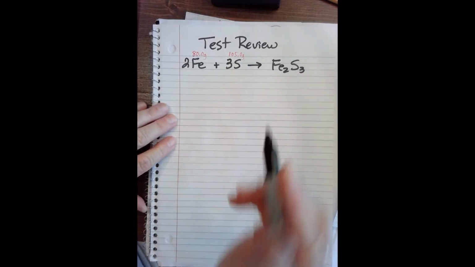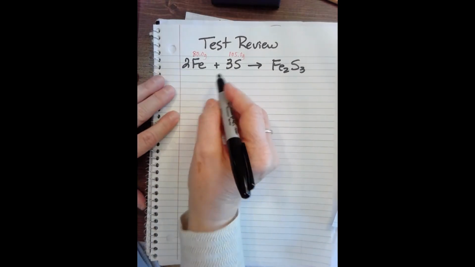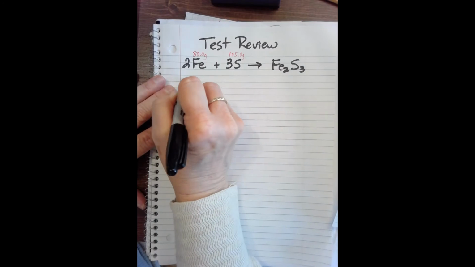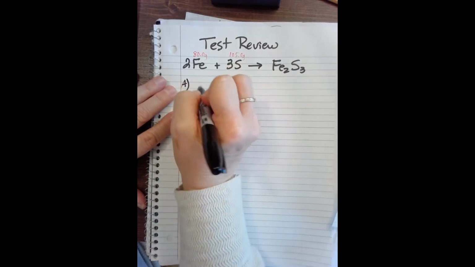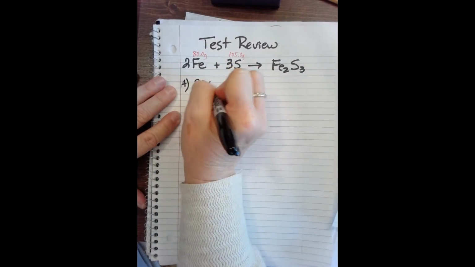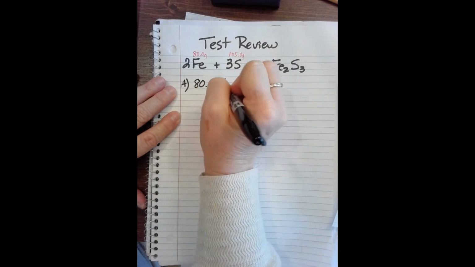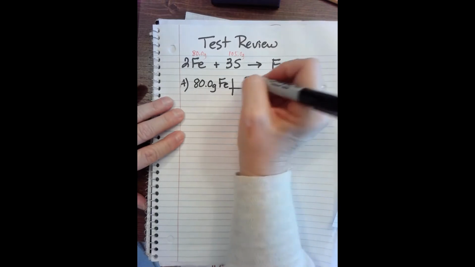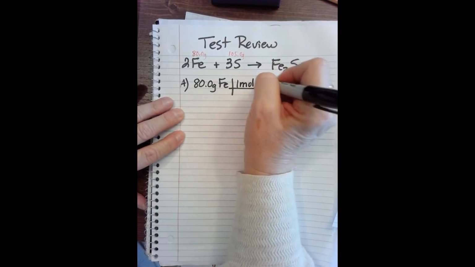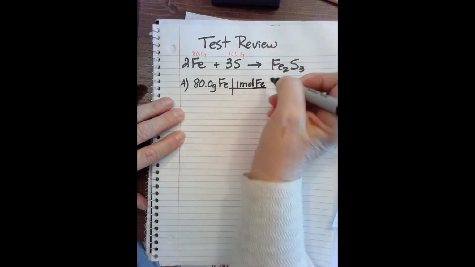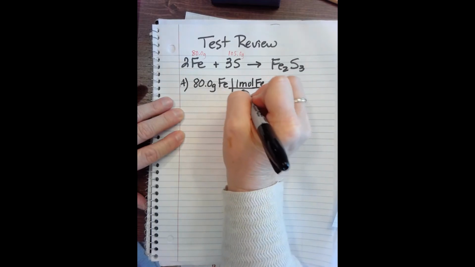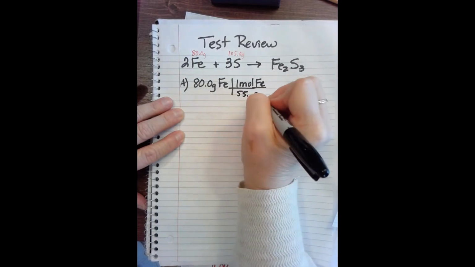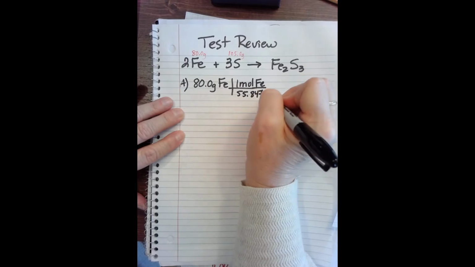So to find the limiting reactant, so this would be A, we are going to take 80 grams of iron and find out how many moles that is. So we're going to say that 1 mole of Fe has a mass of 55.847 grams.